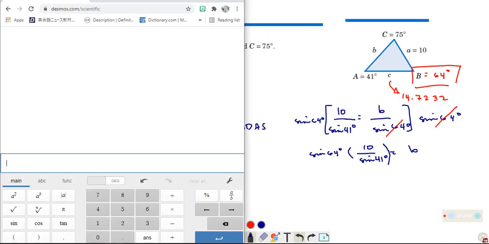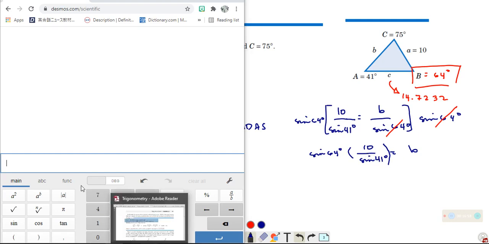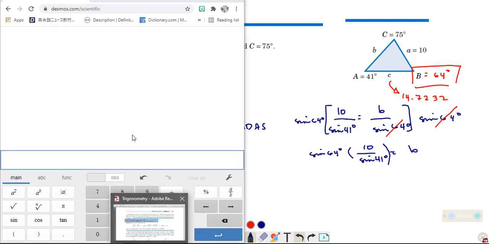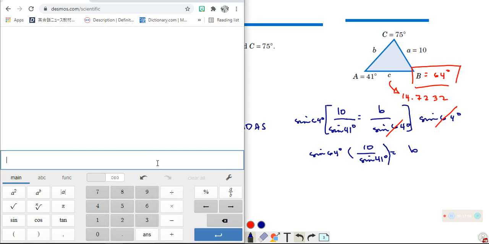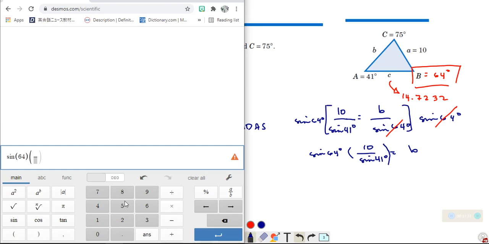We have sine 64 times 10 over sine 41. So, write down sine 64. Close natin. Times. Lagay tayo ng fraction. Pagka maglalagay ng fraction, pipindutin nyo lang to. Itong division symbol. Ulitin ko ha. Yan. Pindutin nyo yan. Lalabas na yung division bar.